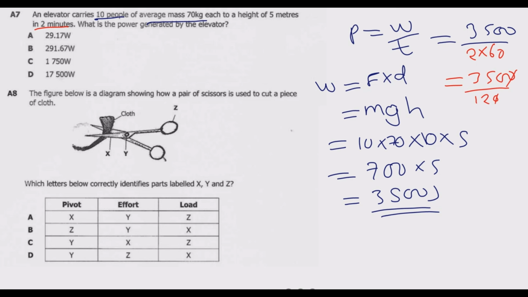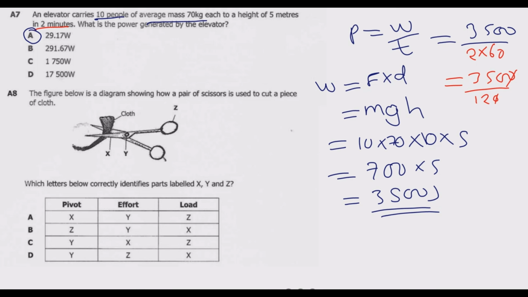So that and that cancel, so you have 12 into 350. If you use a calculator, you discover that the best answer is A. You end up with 29.1667, which is 29.17 to 2 decimal places.